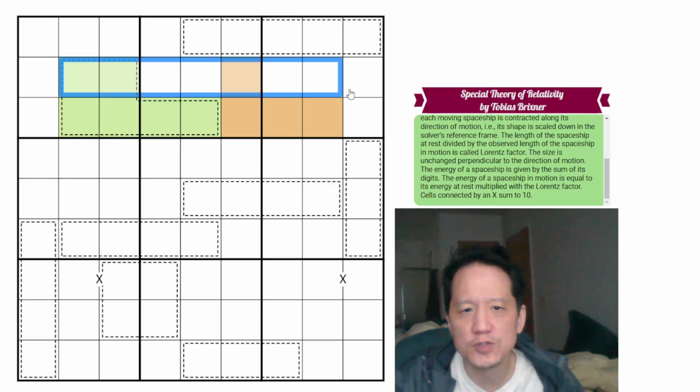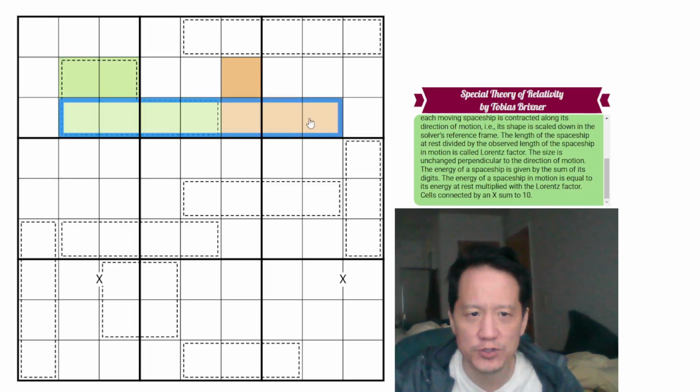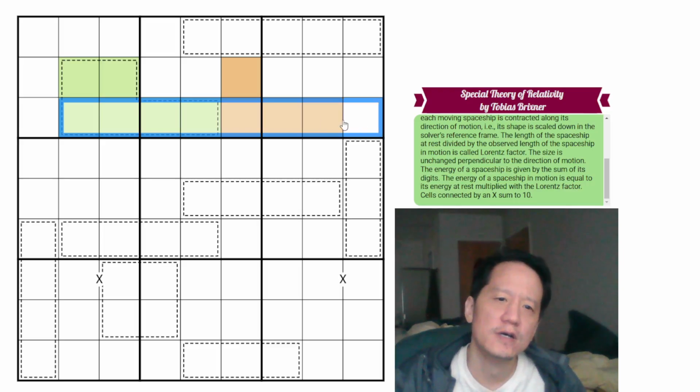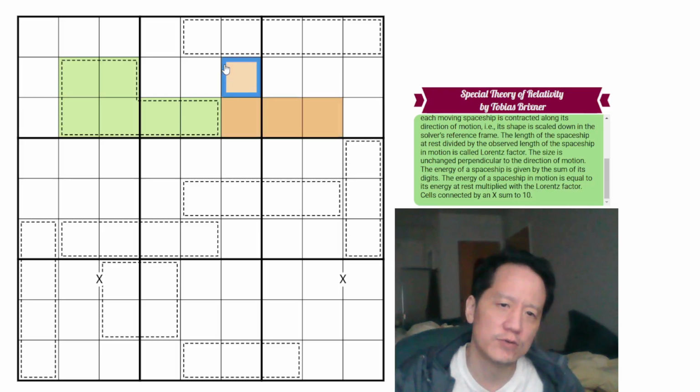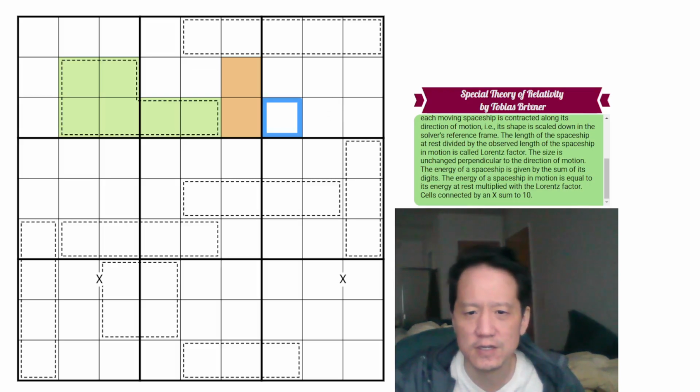So if it goes this way, the width is the thing that's perpendicular to the direction of motion. It's going this direction of motion, which means it shrinks in that direction. So I think this would have to go down that way, and this would have to go down at least one here. It could be something like this, or this potentially.